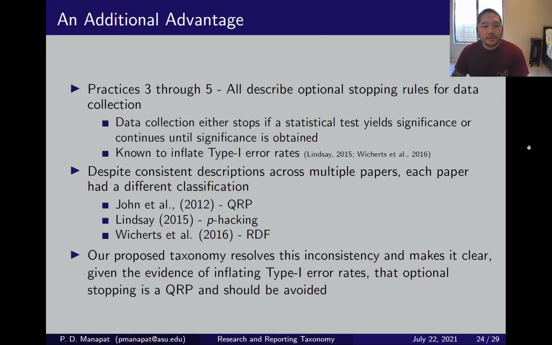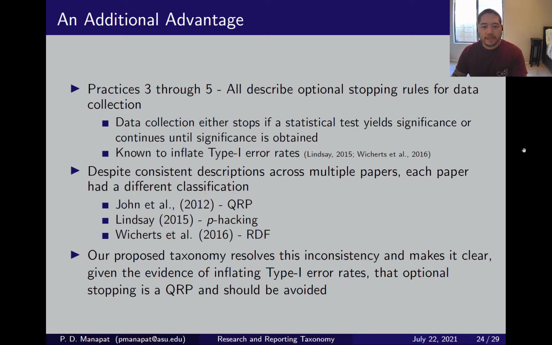And then an additional advantage is practices 3 through 5 all describe optional stopping rules for data collection. So this is where data collection either stops if a statistical test yields significance or continues until significance is obtained. This is known to inflate type 1 error rates. So practices 3 through 5 all describe the same practice.